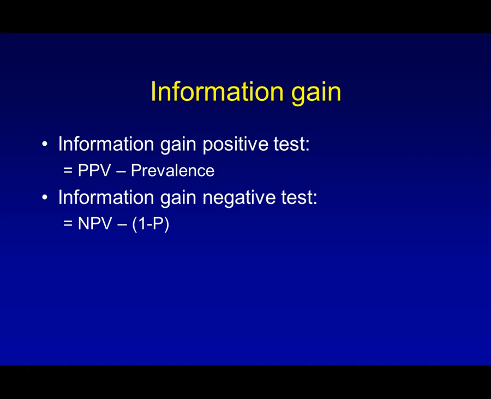For a negative test, the information gain is the negative predictive value minus 1 minus the prevalence, because 1 minus the prevalence is the proportion of healthy subjects in the population.